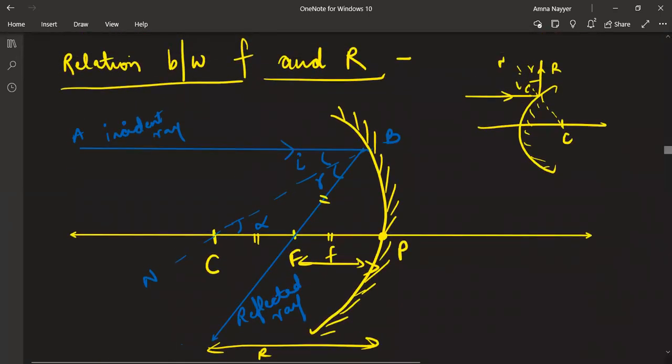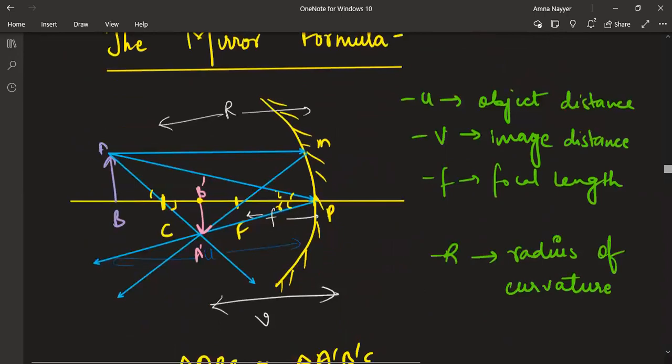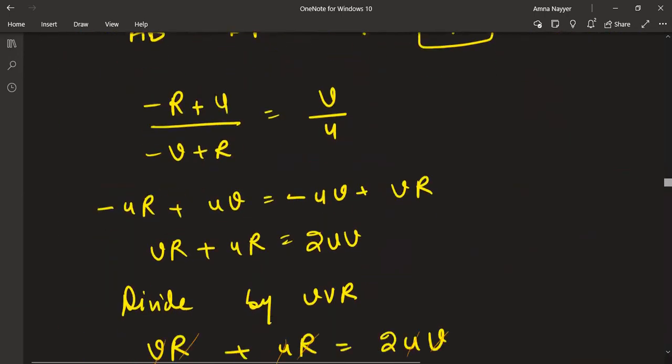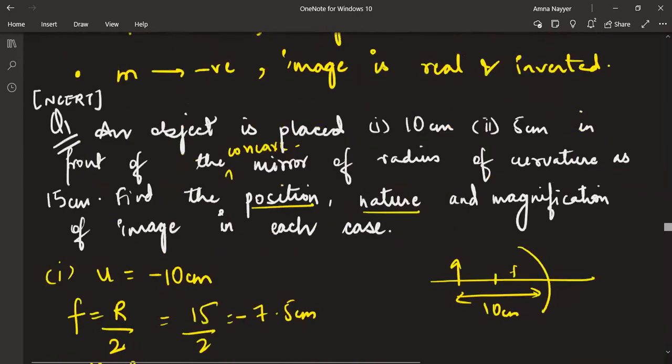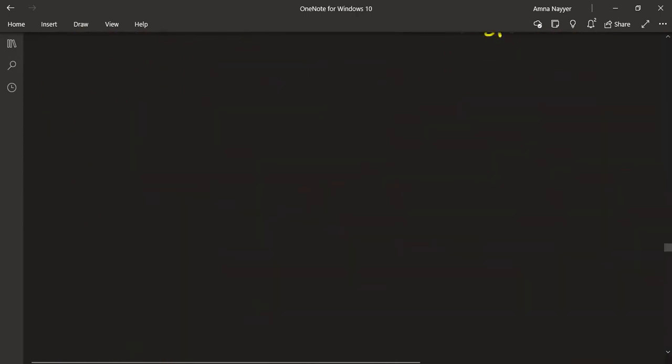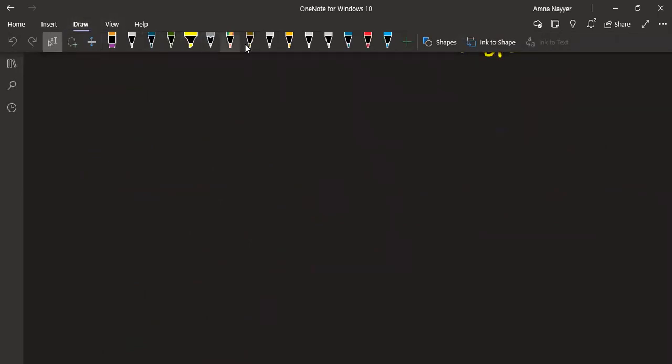All right, do have a look at this relation between the focus and the radius of curvature. This is an important derivation. And then the mirror formula's derivation. This is also very important. Linear magnification's derivation usually does not come. Let's start with the questions then, so that we can practice and revise the complete optics unit in today's class.